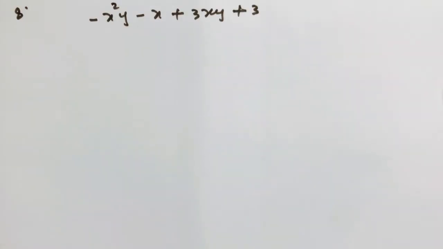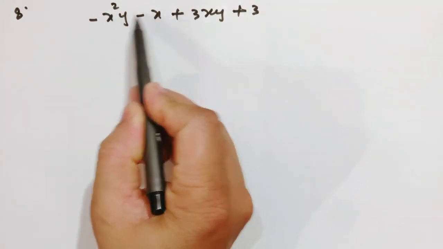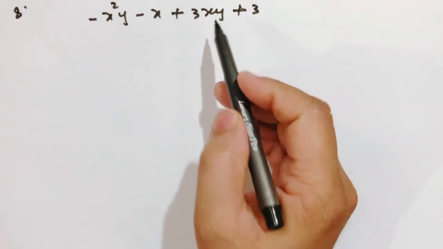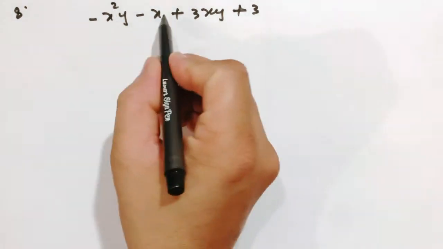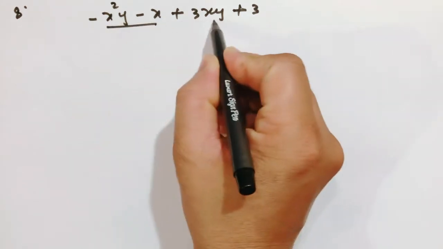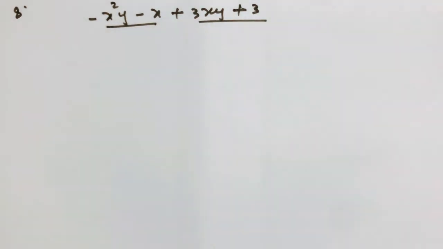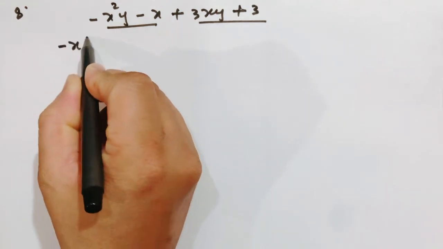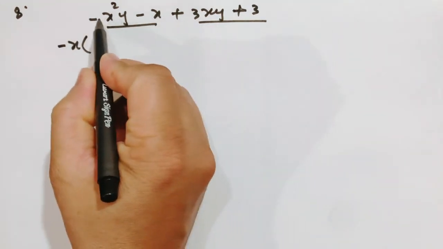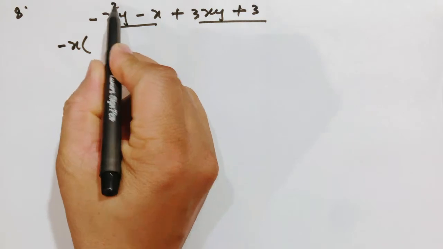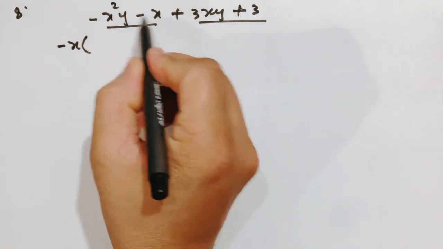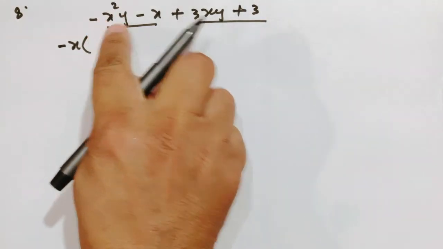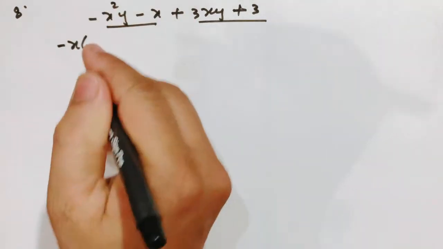Let us see. If I take x as common, I'll get xy minus 1. And if I'll take, yes, so why not to group in this way and in this way? If I take minus x as common, in x square and in x square y and x, if I have taken minus x as common, I will have to change the sign, so both will become positive.